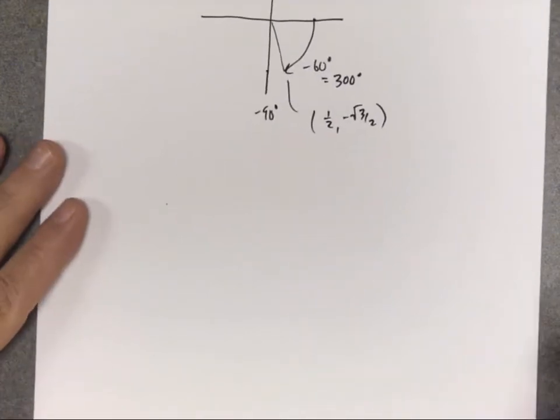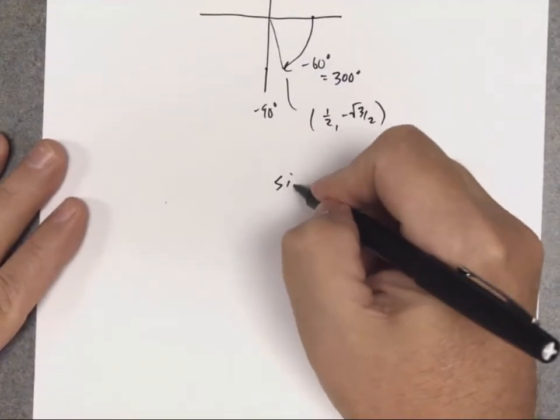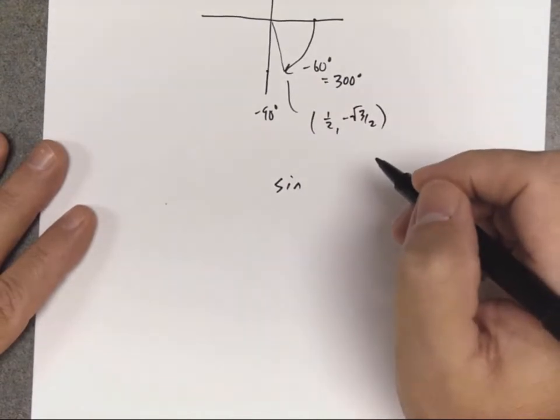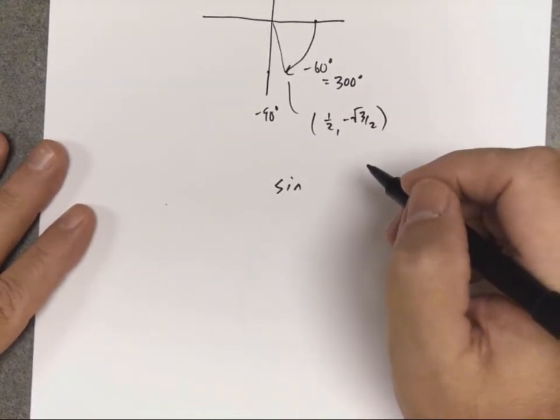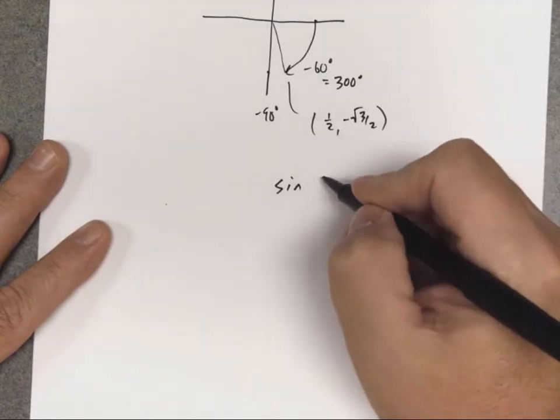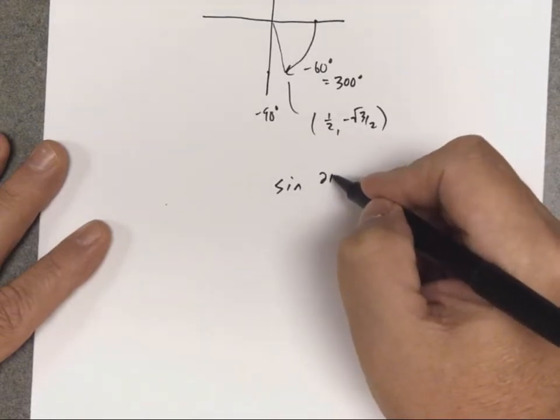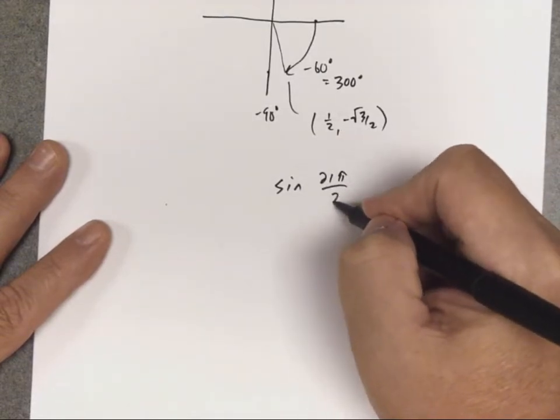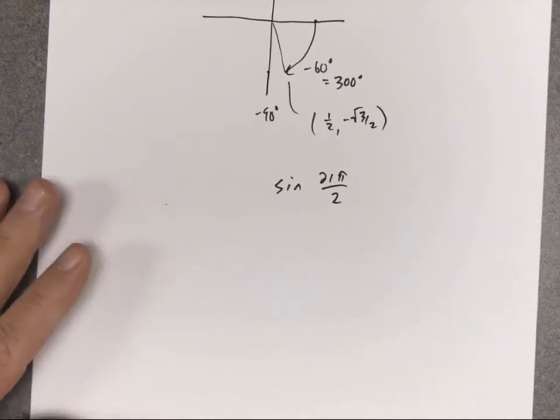One more. How about they say the sine of, how about something crazy like 21 pi over 2.